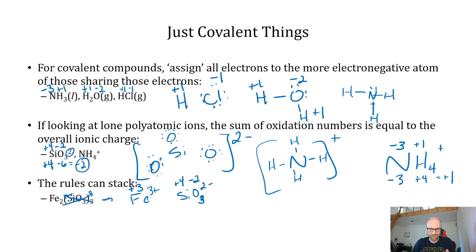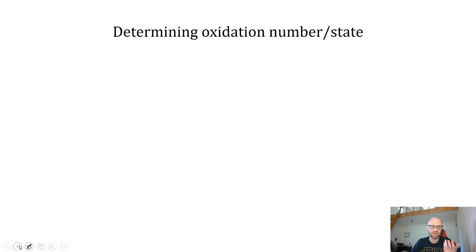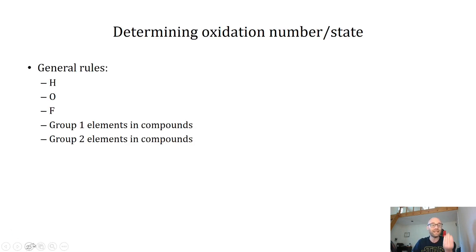But we can boil it down to a couple of simple things to make our lives a little bit easier. In general, when hydrogen is in a compound, it's going to be covalently bonded, and hydrogen has the lowest electronegativity of any nonmetal, I'm pretty sure, which means hydrogen is usually a +1 since it's got a low electronegativity.